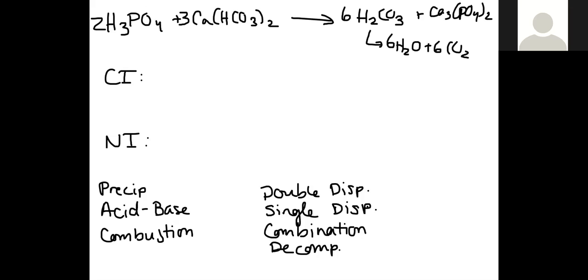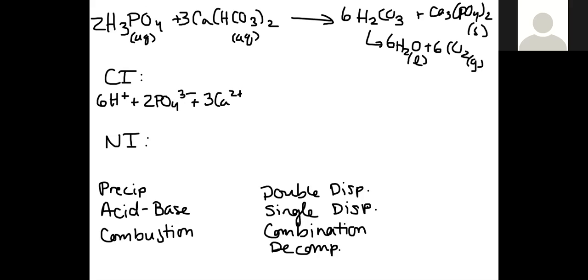And then this is going to be aqueous. It's going to be aqueous. This is going to be a liquid. This is going to be a gas. And this is going to be solid. So it's going to be 6H plus, 2 minus, 6HCO3.